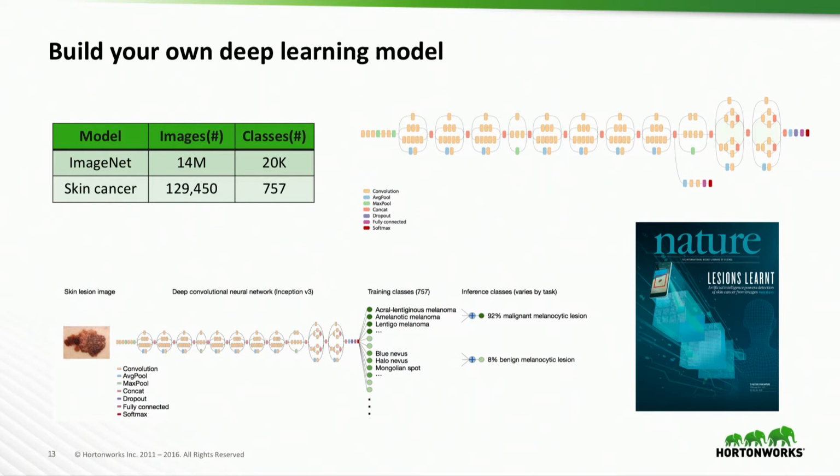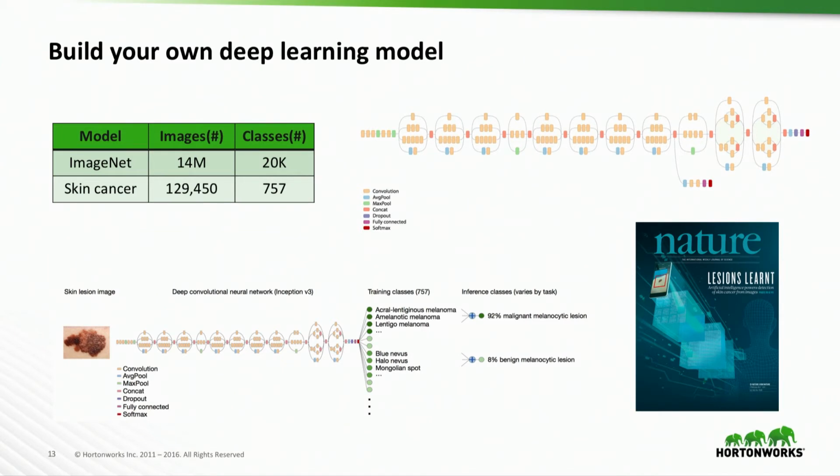We can compare the two deep learning architectures. The upper is the famous Inception V3 model, and the lower is the Stanford skin cancer model. We can see the architectures are almost the same.